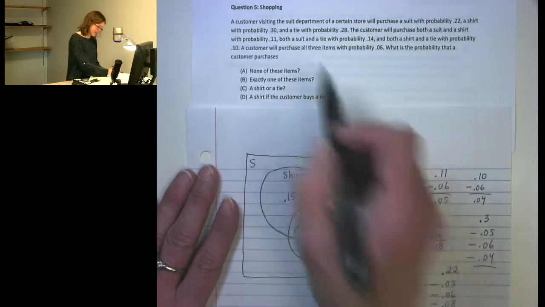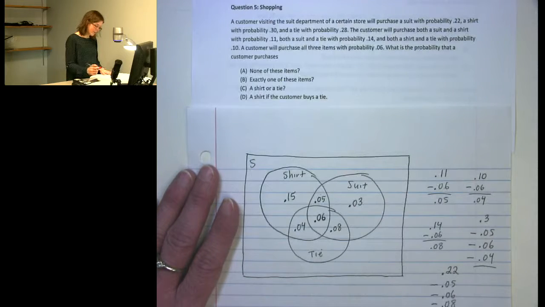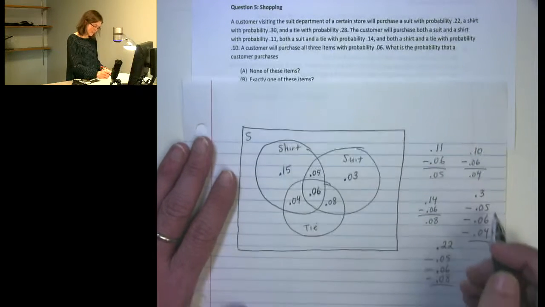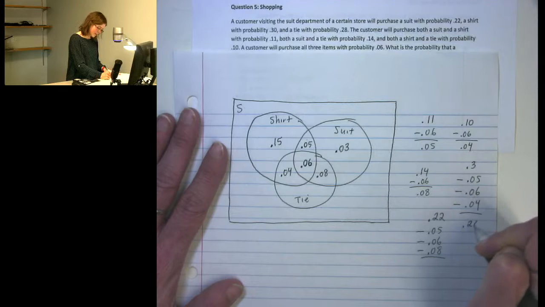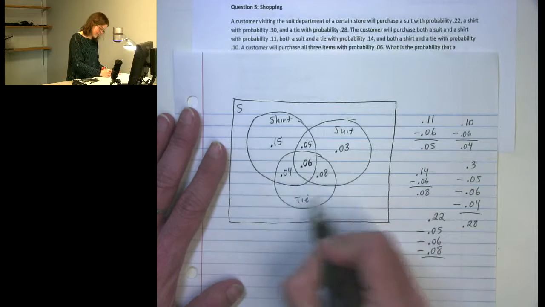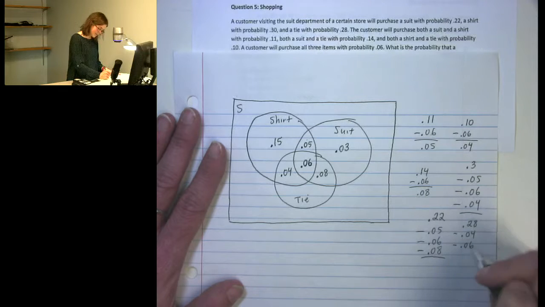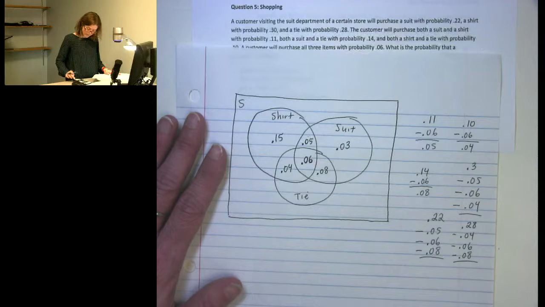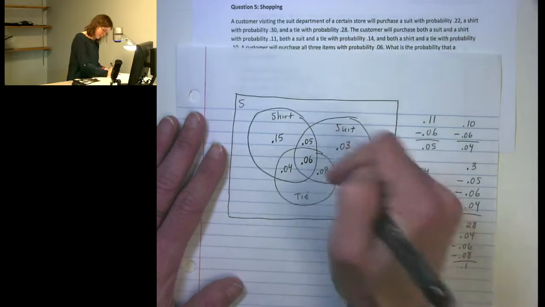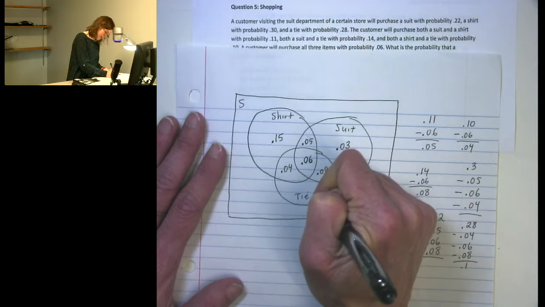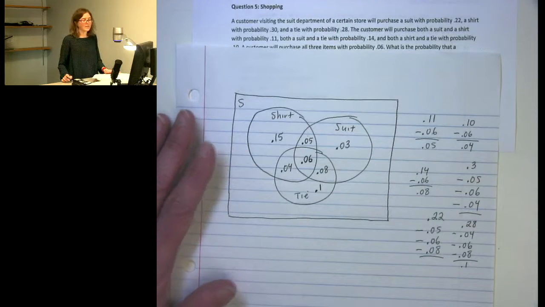And then down here, a tie is purchased with probability 0.28, but I've already used up 0.04, 0.06, 0.08. So 0.28 minus 0.04 minus 0.06 minus 0.08 gives me 0.1. So the chance of somebody buying a tie but not buying anything else is 0.1.